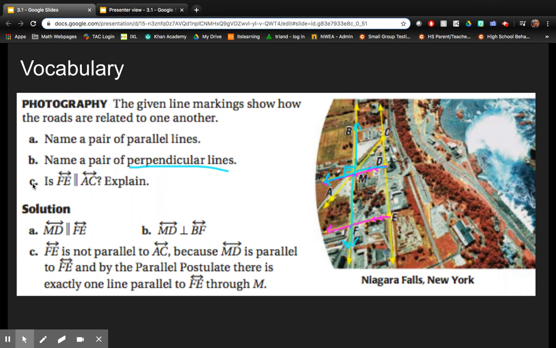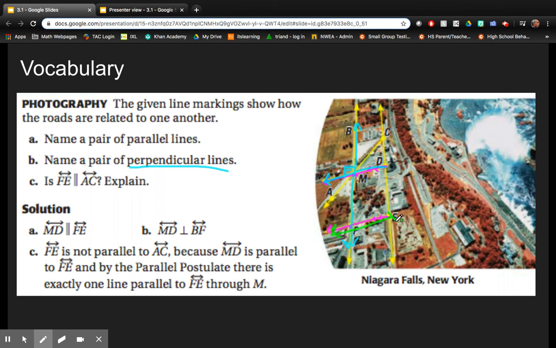Part C says, is FE parallel to AC? So as I'm looking at this, I'm going to grab a color I have not used. How's green? So FE is this line.